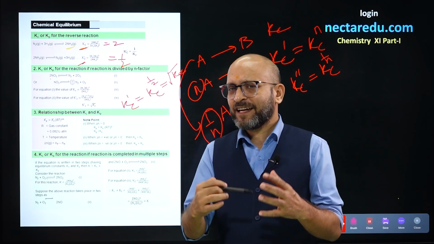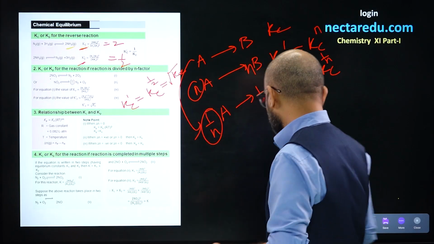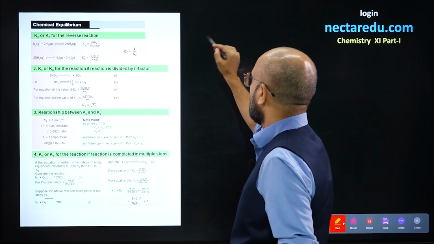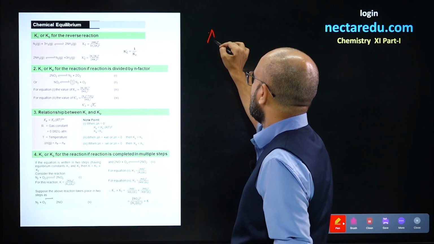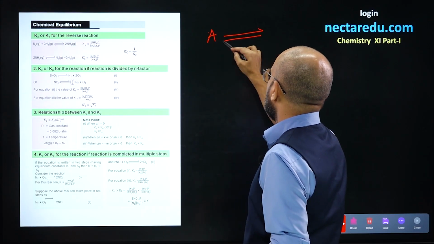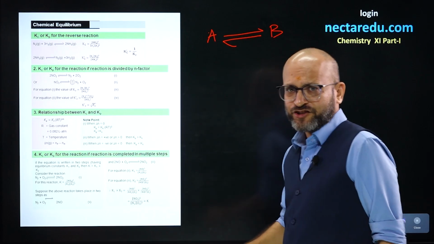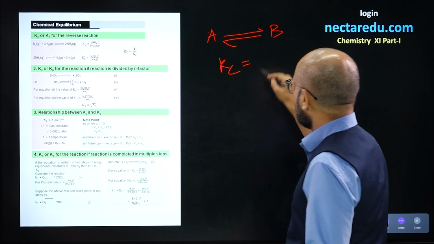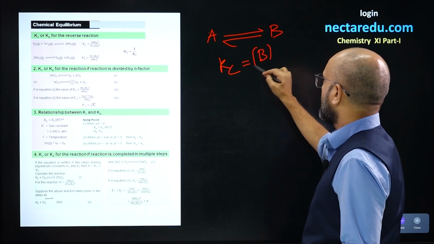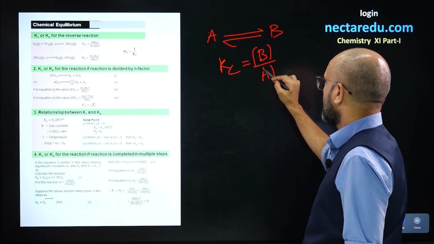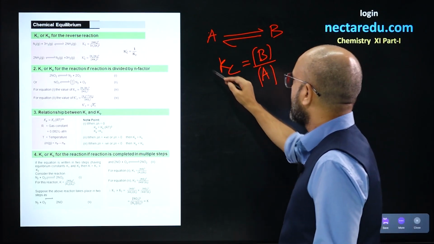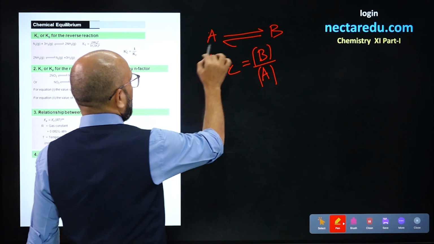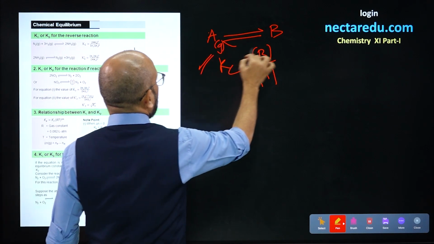Alright. Next, we have the relation between Kp and Kc. What is Kp and what is Kc? I'll just make it clear for you. If you have, let's say, A gives you B, and I write the equilibrium constant Kc, I am going to write the concentration of B upon the concentration of A. So this is Kc. If I have to write Kp, assume these are gases.